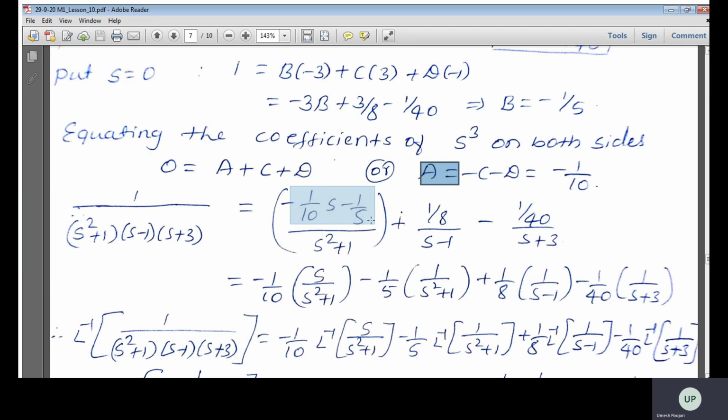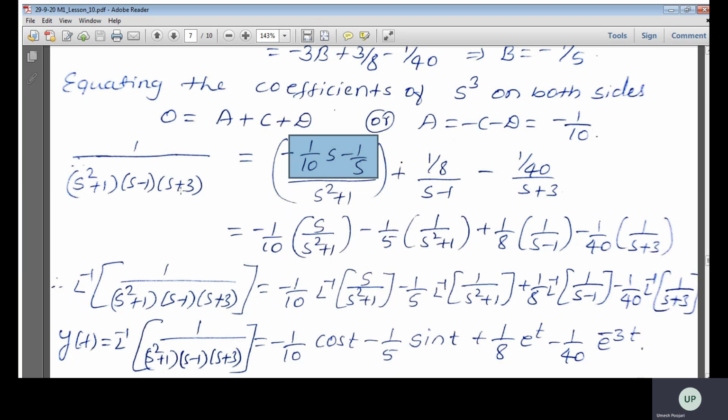Then you can observe there are two different terms in the numerator. So you can separate it: minus 1 by 10 into s by s square plus 1, minus 1 by 5 into 1 by s square plus 1. Here also 1 by 8 into 1 by s minus 1, minus 1 by 40 into 1 by s plus 3. So we have converted this product into single terms. Then take inverse on both sides.